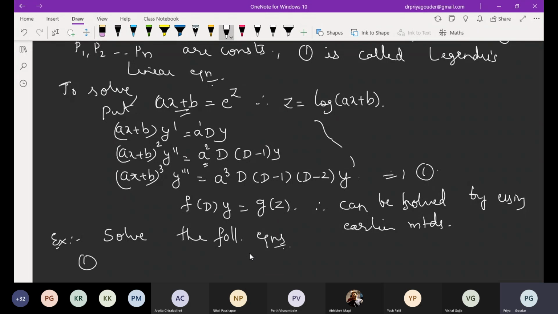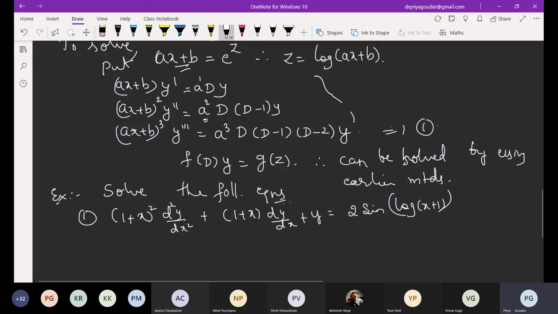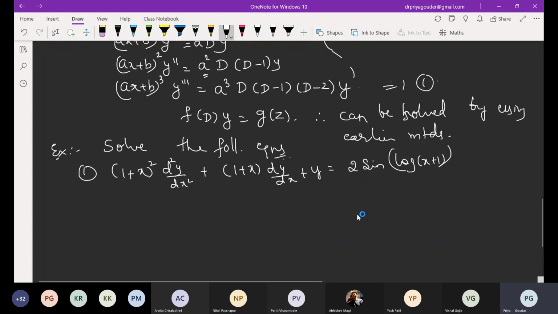In that, the first one: 1 plus x the whole square d square y by dx square plus 1 plus x into dy by dx plus y is equal to 2 sine of log of 1 plus x. All of you write this question. We'll solve it.